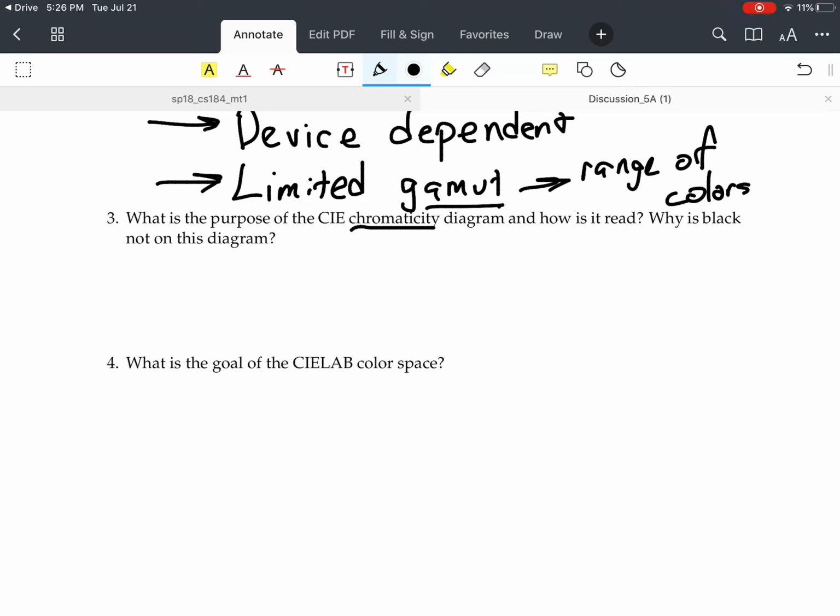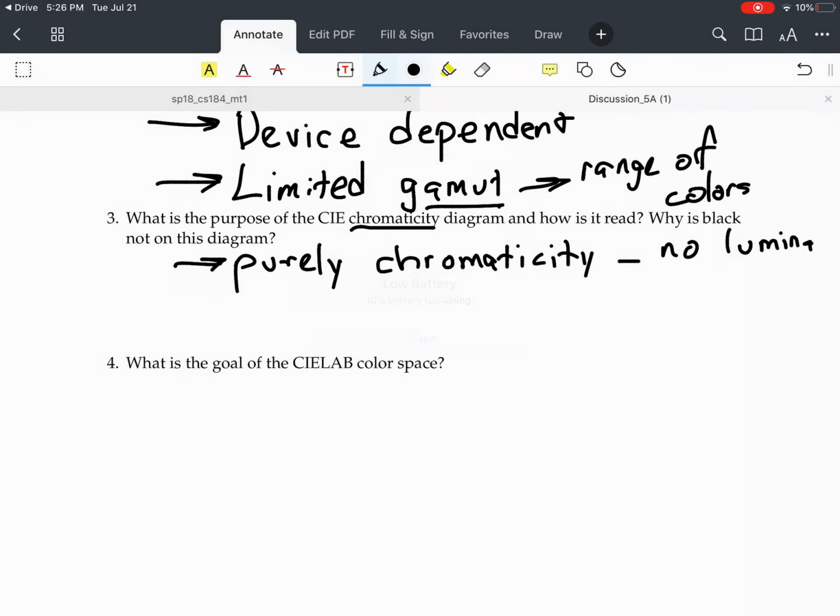So it's purely chromaticity, no luminance. It's the quality of a color, and it doesn't matter how bright it is or anything.